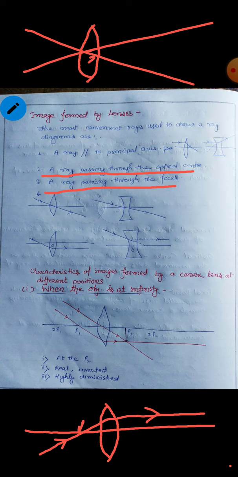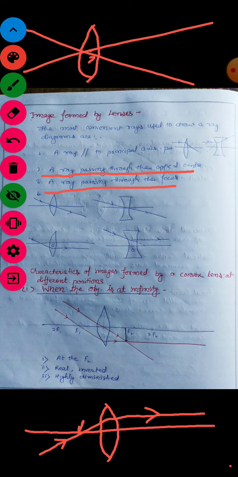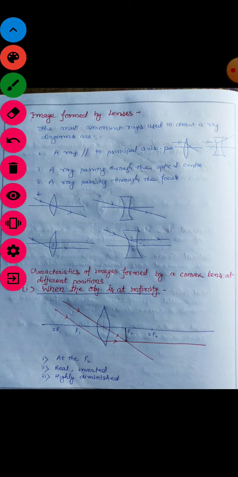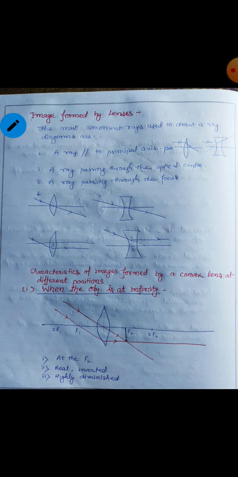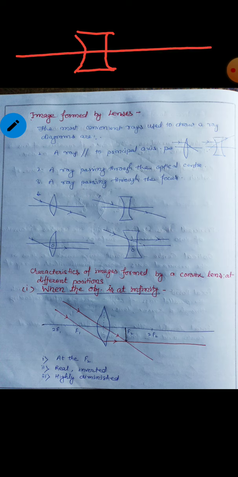In this way, it is not only in case of convex lens, but the same is the case in concave lens also. Suppose this is a concave lens. The first ray, the ray parallel to the principal axis, after passing through the lens, will go in this direction, but it will appear that it is coming from the focus.